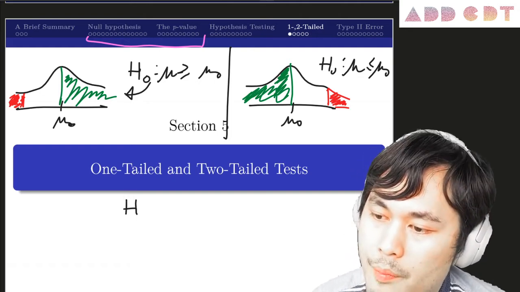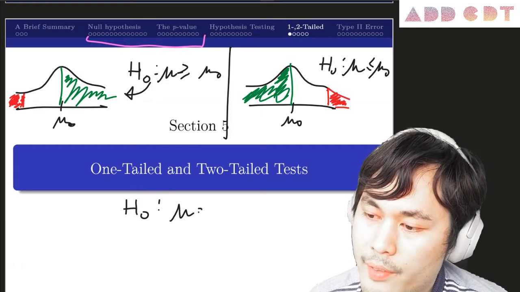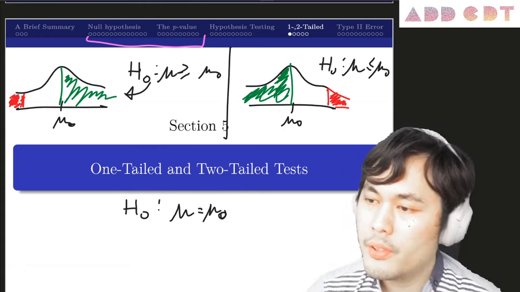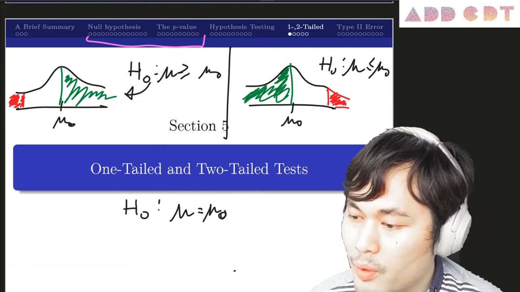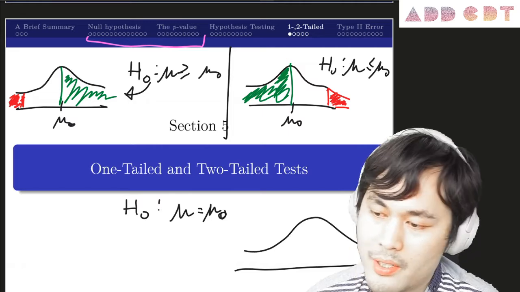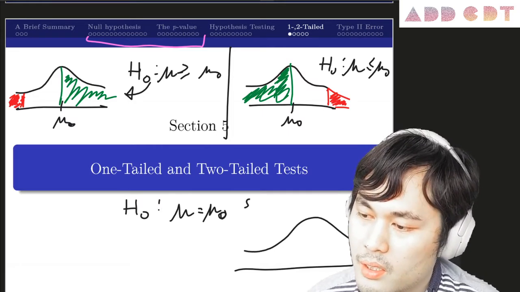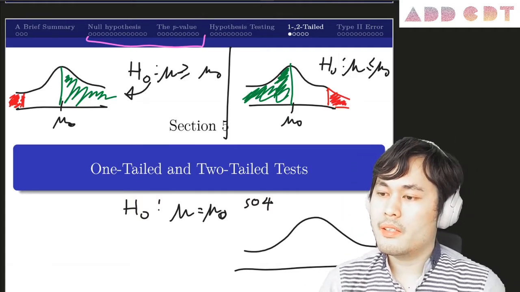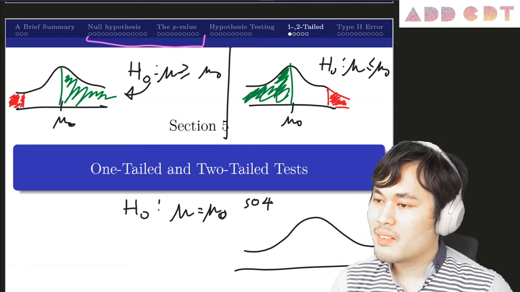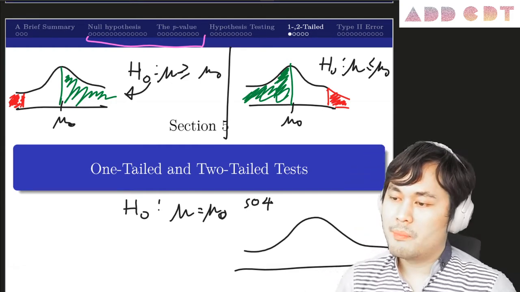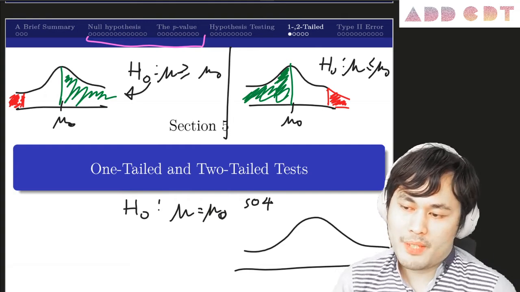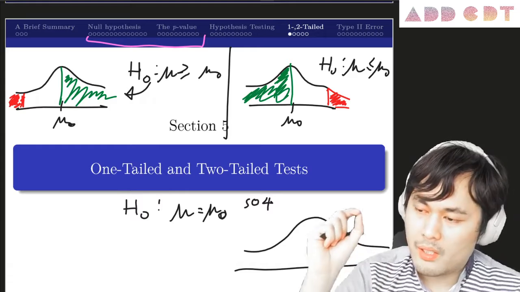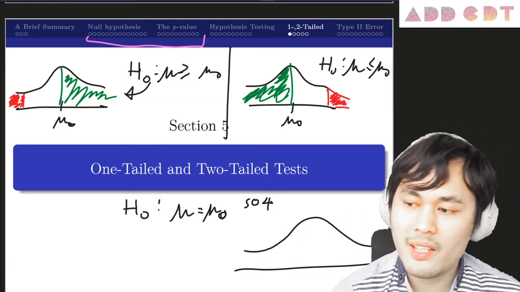And finally, we have H null that we believe that mu is equal to mu naught. Now, note that for this one, it will look weird if you think about it. So we believe that mu is exactly, let's say, 504. And sure, you can believe that, but from the probability point of view, you are going to be wrong 100% of the time, because there is almost 0 chance, or actually literally 0 chance, that you are going to be right.